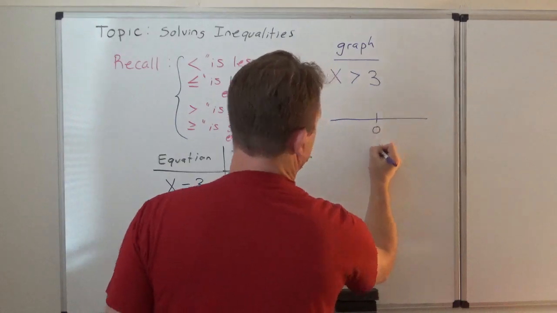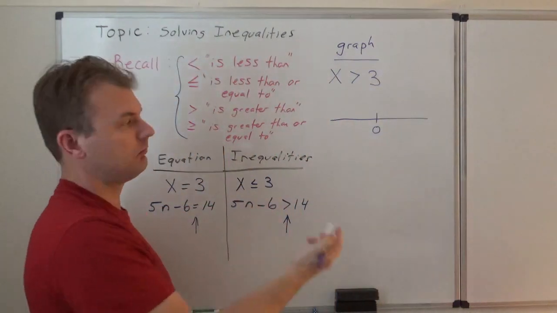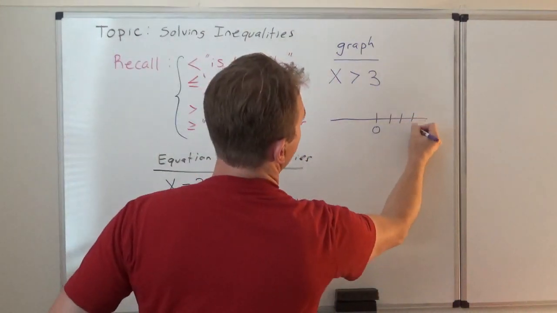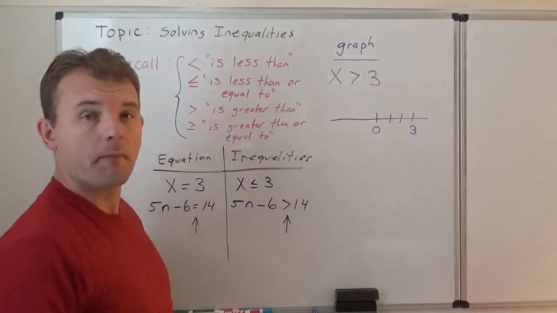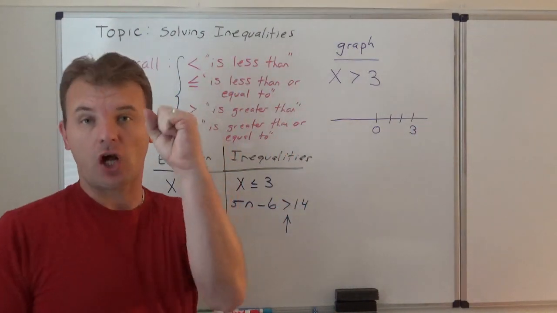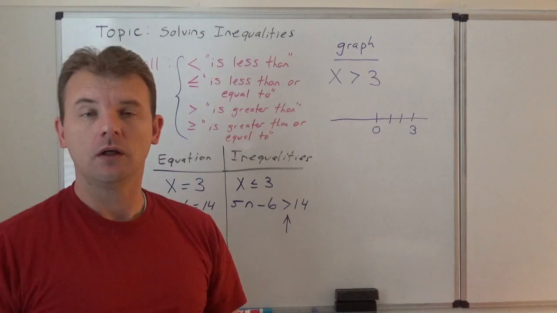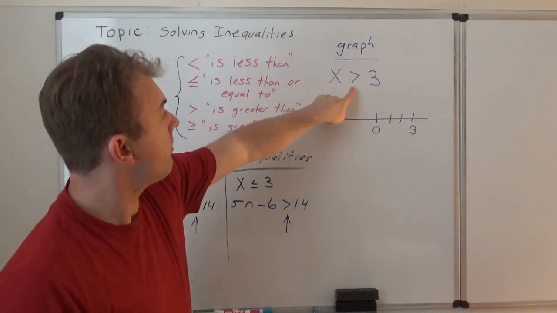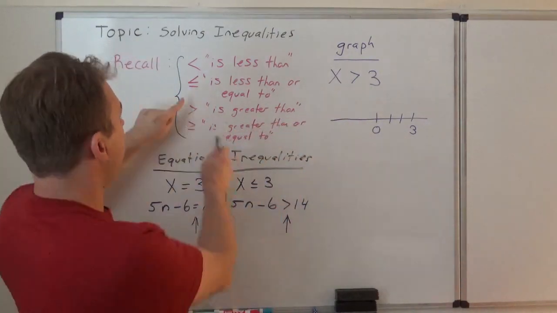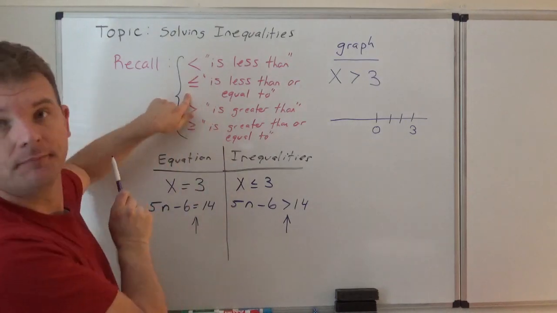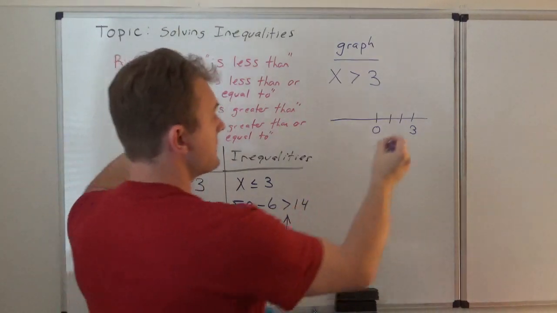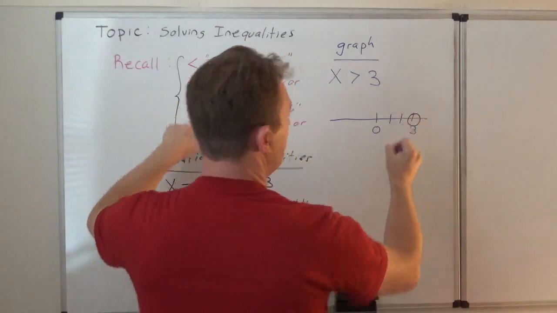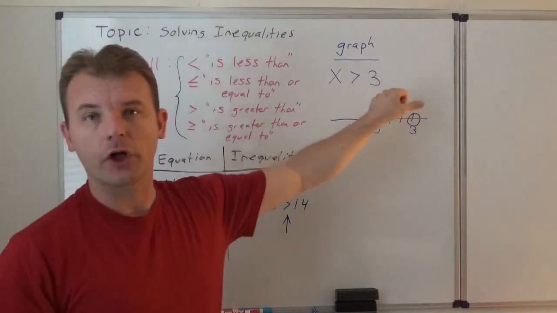Here's 0, and we go 1, 2, 3. And do you remember if it's going to be a solid or a hollow? It's going to be hollow because the inequality doesn't have an equal sign. So this is going to be an open circle.